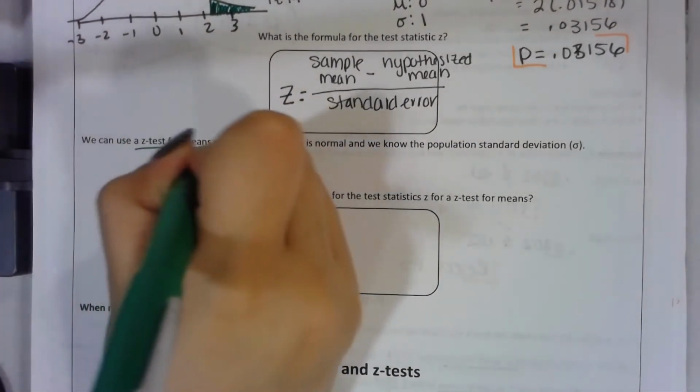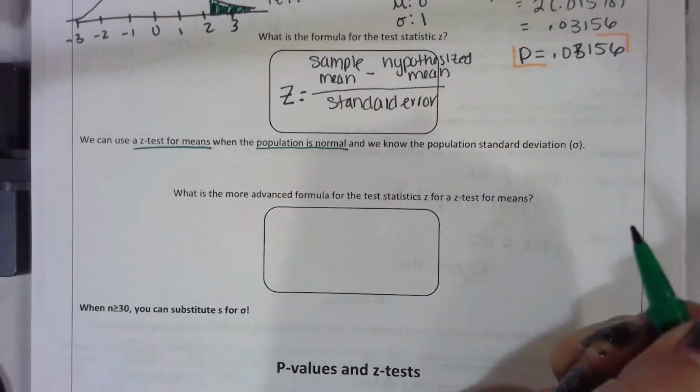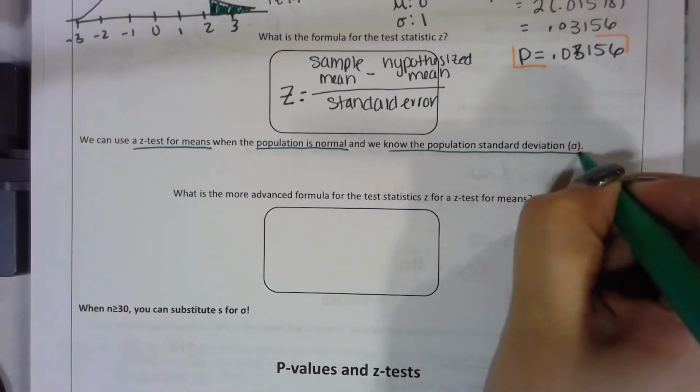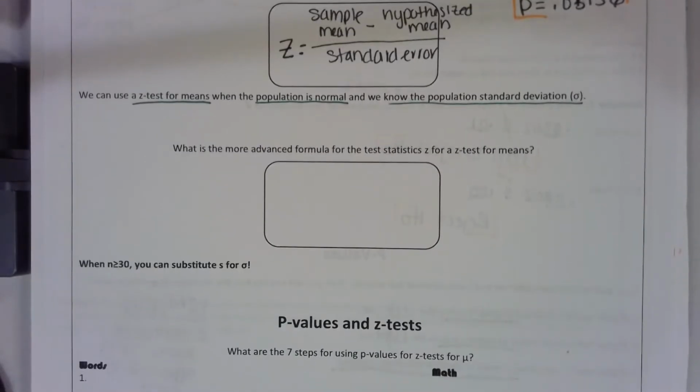So X bar stands for your sample mean. Mu stands for your hypothesized mean. Sigma is your population standard deviation. And N is your sample size.